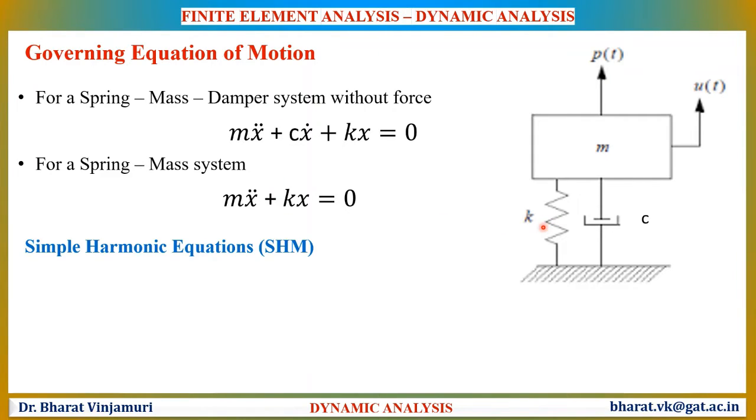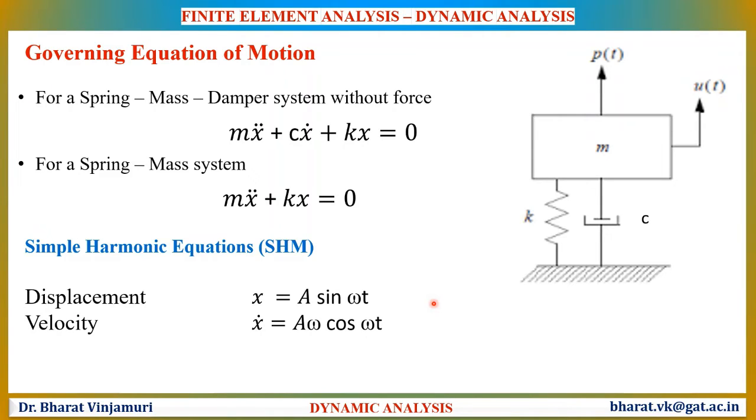This equation is similar to a simple harmonic motion where the displacement x is given by a sin omega t, where a is the amplitude of the simple harmonic motion, omega is the circular frequency and t is the time. If we differentiate the displacement with respect to time, we'll be able to determine the velocity, which is given by x dot equal to a omega cos omega t.